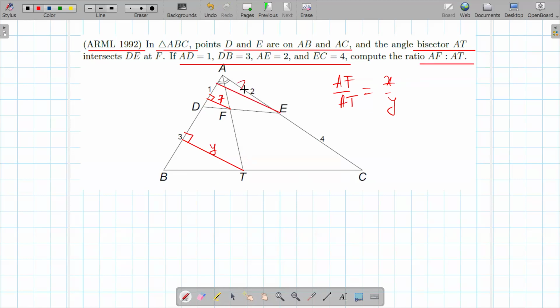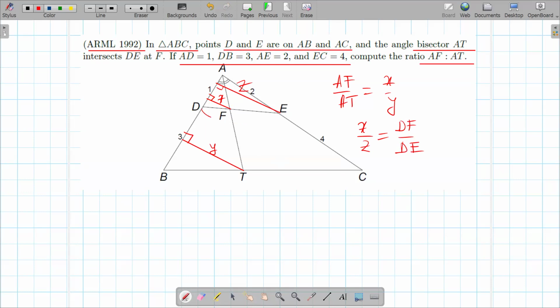Okay, let me call this Z for now. Again, I'm constructing here this perpendicular. Now we have other similar triangles, namely this triangle right here and this bigger triangle right here, no? So again, writing the similarity ratio, X over Z is going to be equal to DF over DE, no? So DF over DE.